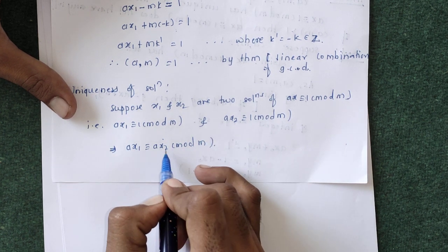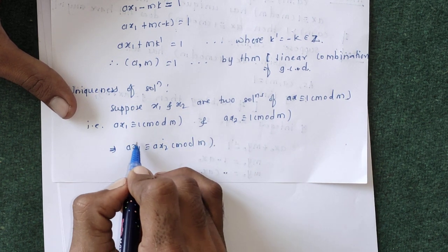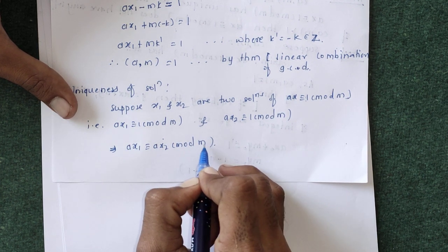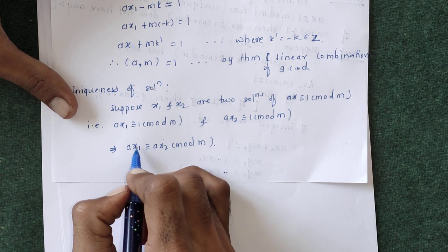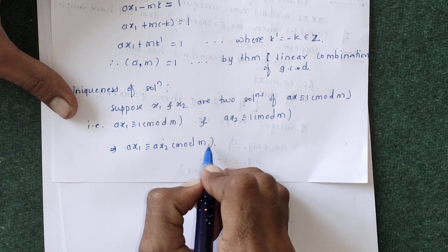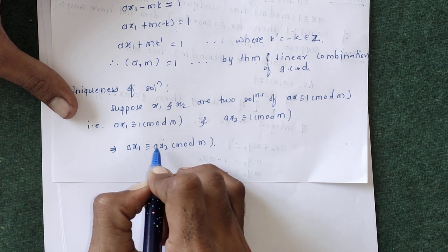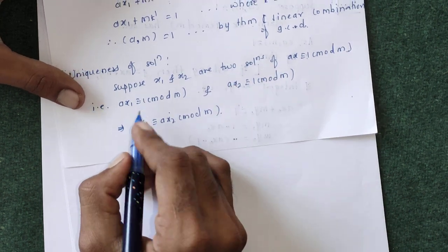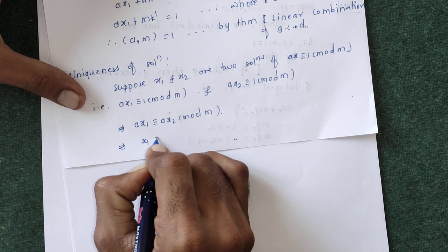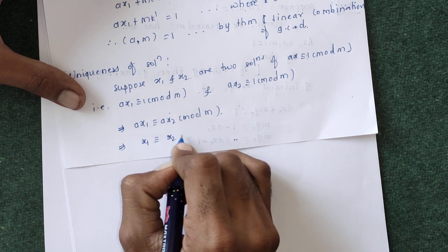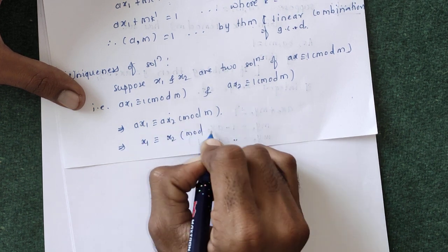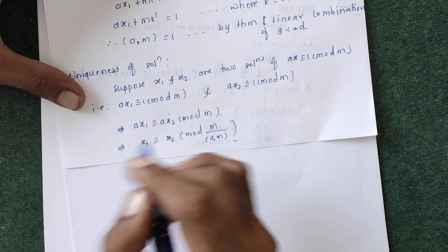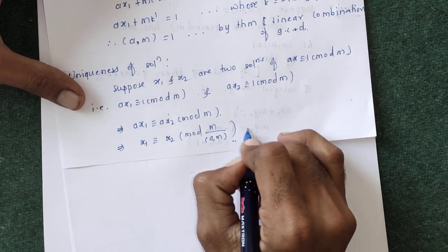To get x1 is congruent to x2 modulo m, note that this looks like ax is congruent to ay modulo m, and we have one theorem: ax is congruent to ay modulo m if and only if x is congruent to y modulo m upon GCD of a and m. Using that result, we can write x1 is congruent to x2 modulo m upon GCD of a and m.